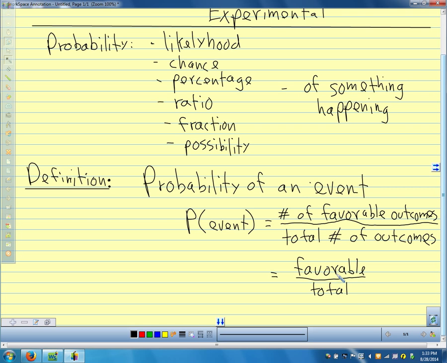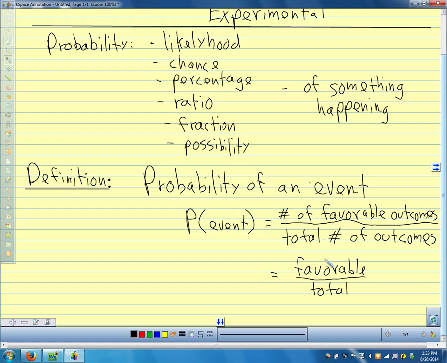We talked about this when we rolled our dice, our number cubes, when we made the grid on the back. We said, what was the probability of rolling a 2? We saw 1, 2 on the grid, so the favorable was 1, and there were 36 numbers on the grid. The total was 36. So we said the probability is 1 in 36. And favorable doesn't necessarily mean we want it to happen.